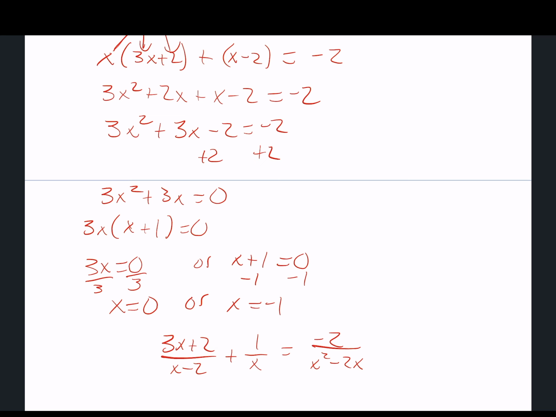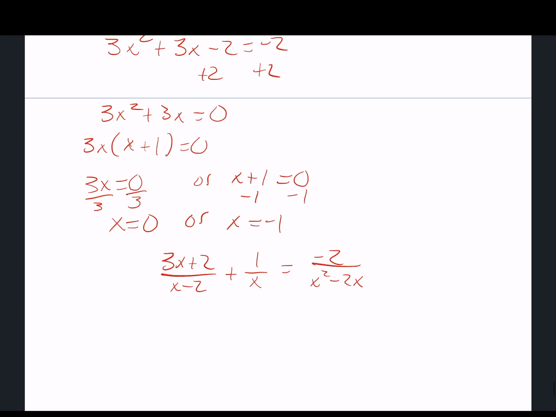Well, if we plug in negative 1 to this denominator, that gives us negative 1 minus 2. That's negative 3. That's fine. What if we plug it into the x squared minus 2x part? Let's try that. So negative 1 squared minus 2 times negative 1. Well, negative 1 squared is just 1 minus 2 times negative 1 is plus 2. So that gives us 3. So that's perfectly fine. We don't get division by 0 there.